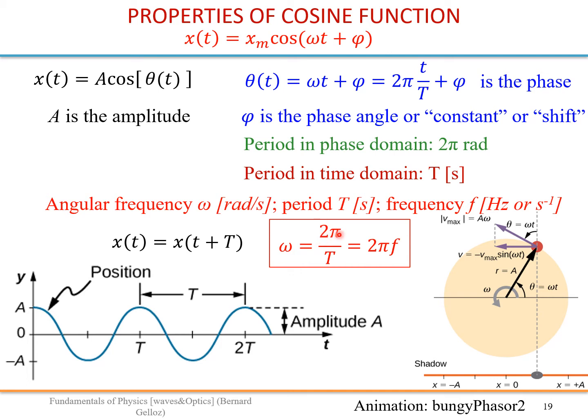Omega equals 2 pi over T. It's easy to remember because this is a full cycle in phase space, so 2 pi radian, divided by a full cycle in time domain, which is T seconds. So it is in radian per second. And because f equals 1 over T, you can write it like this.